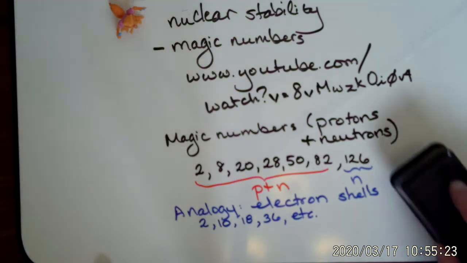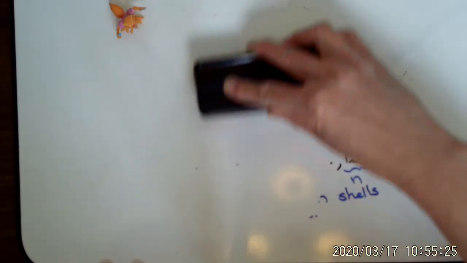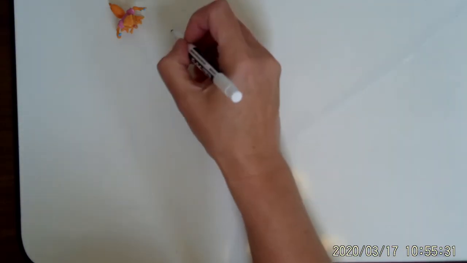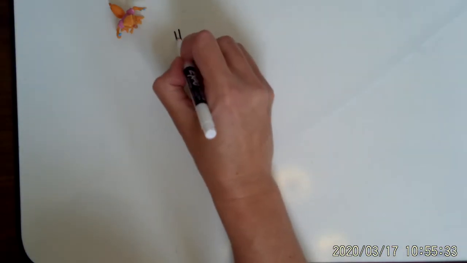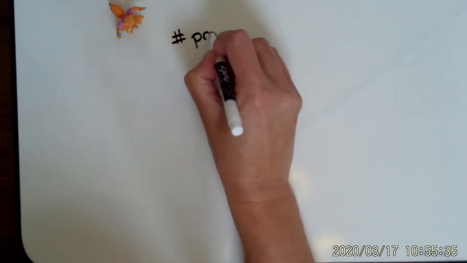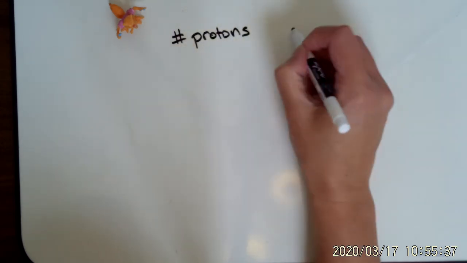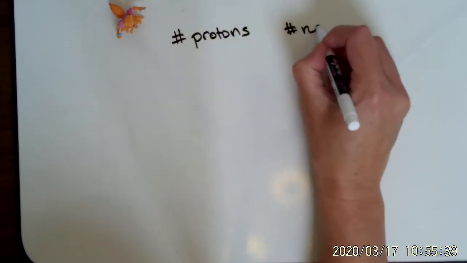The last part for our nuclear stability we're going to talk about would be the number of protons and the number of neutrons.